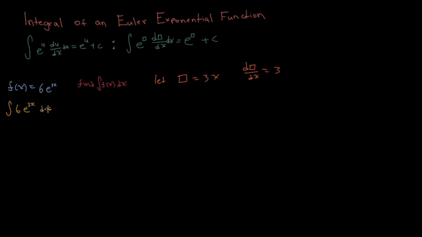This dx means that we're integrating with respect to x. Of course, what we want is to have it in the form where we integrate with respect to this placeholder. So we can write the integral of 6 times e to our placeholder, dx.